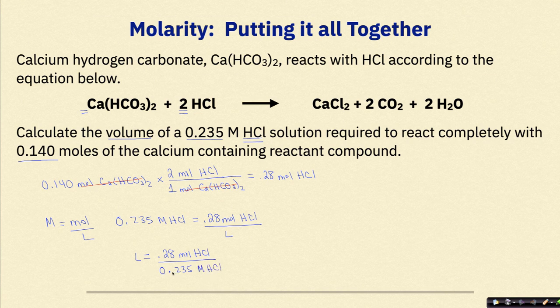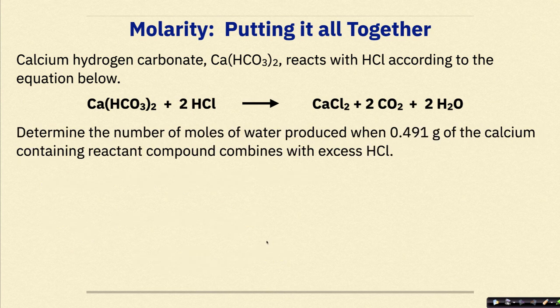I am isolating liters, and when I divide these two numbers together, my volume is going to be 1.19 liters of HCl. Okay, so did we calculate the volume required to react completely with the moles of calcium-containing reactant compound? I do believe that we did. All right, let's continue on.